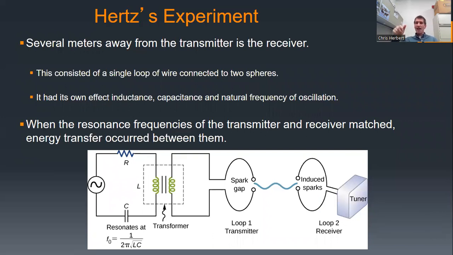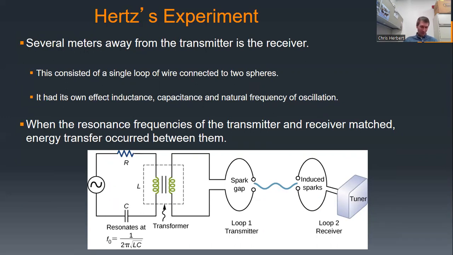He can change the frequency at which the receiver likes to oscillate by, I think, changing the capacitance. I think he used a variable capacitor right here. And what he would do is tune in the receiver at the right frequency that the transmitter was producing, the same, what we would call impedance, okay?